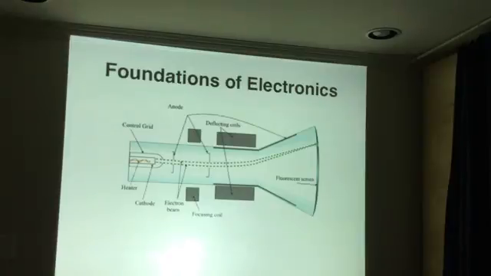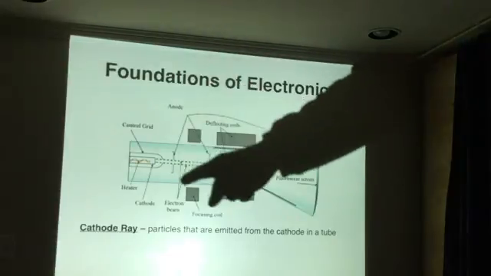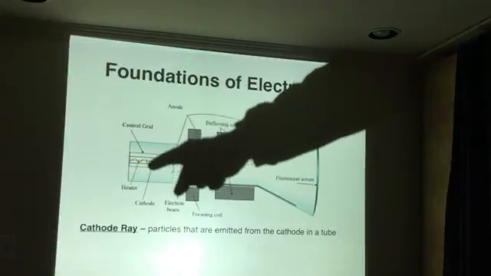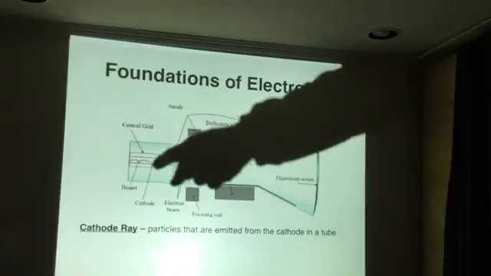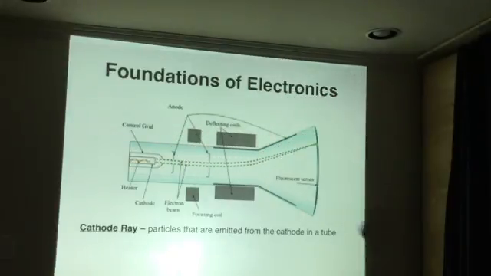Now this picture is a picture of a device that's used or has been used a lot in the past, and it is called a cathode ray tube. In a cathode ray tube, the electrons are emitted. Here's the cathode. It's a negatively charged pole, and electrons come off this cathode and pass through the tube.